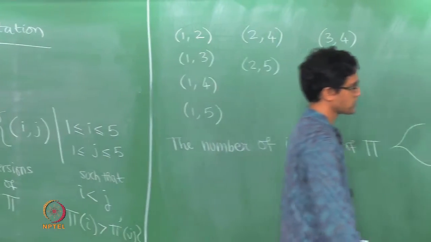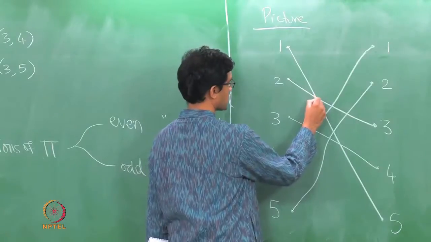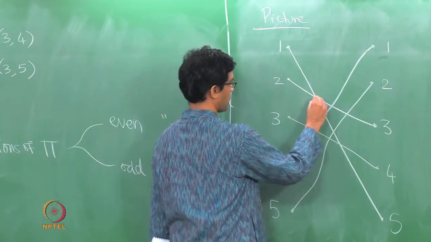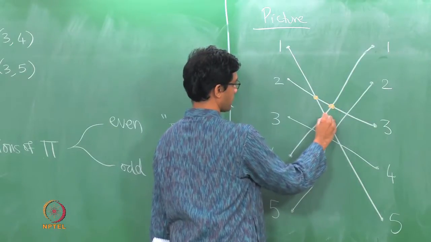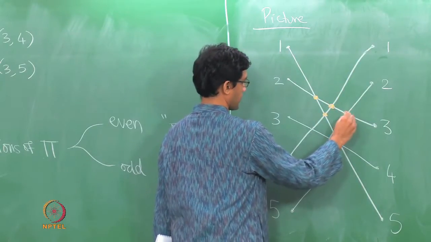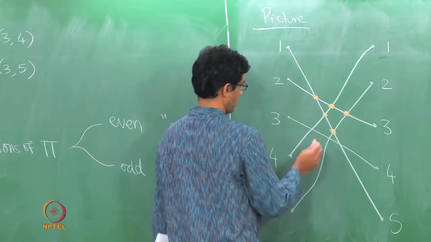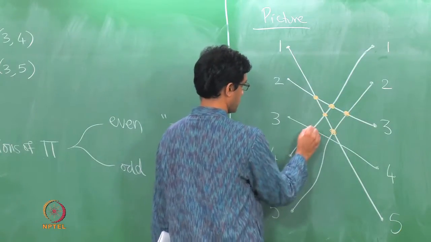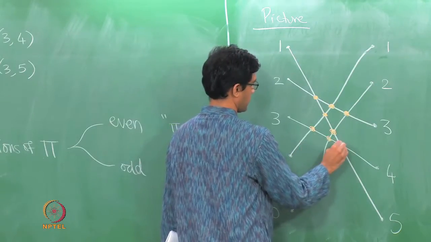Now let us look at this picture and count the number of crossings, the number of places where these lines intersect. So there is 1 right there, 2, 3, 4, 5, this one here, 6, 7 and 8.